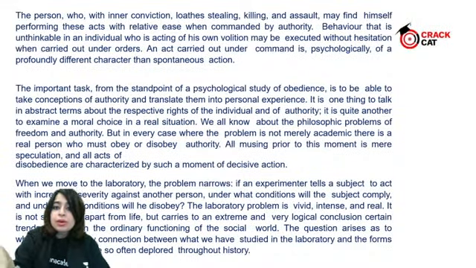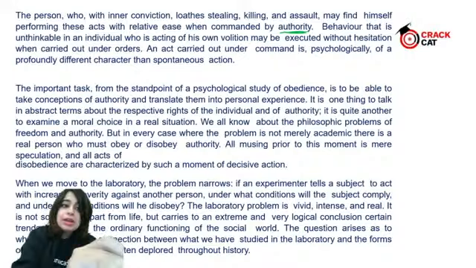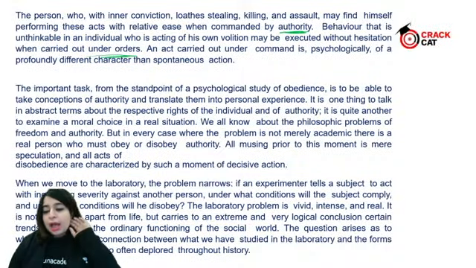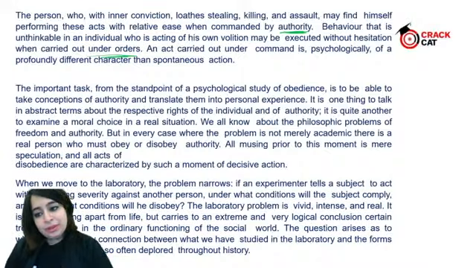So, that means authority has a role to play. Behavior that is unthinkable in an individual who is acting of his own volition may be executed without hesitation when carried out under orders. So, when you have authority over you, or when you have orders being given, that is when you end up carrying out the same actions which you otherwise might loathe without hesitation, right?